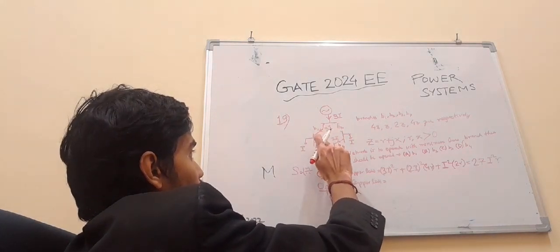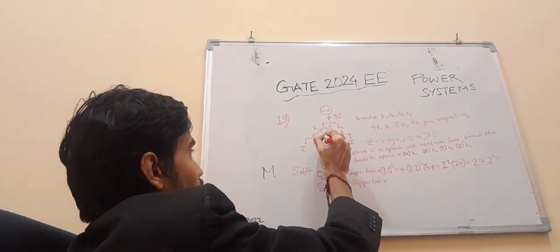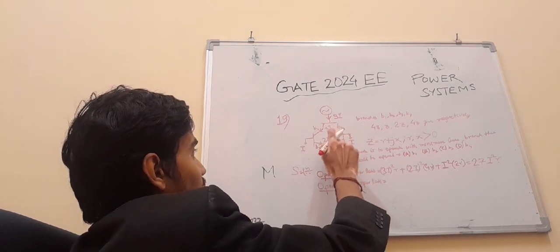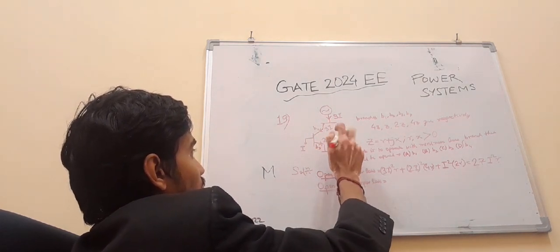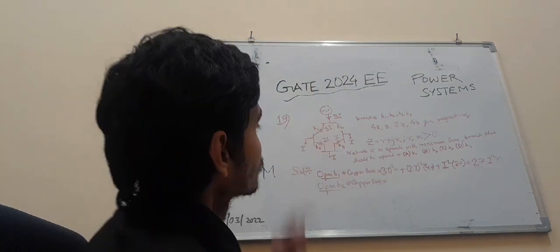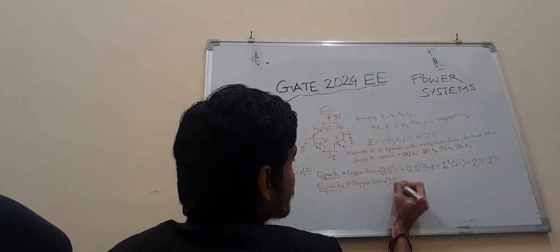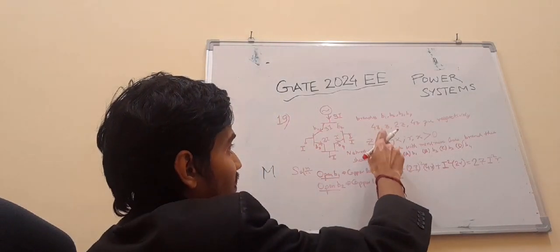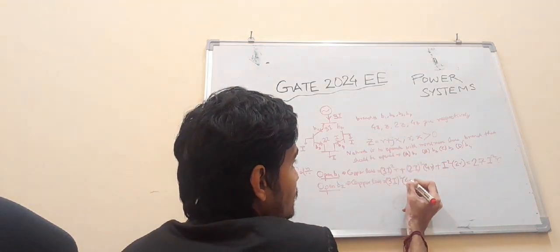So the current now will be 3I minus I, 2I minus I, I. So copper loss will be how much? 3I whole square times resistance of B1. So what? 4Z is the impedance, so resistance is 4 into R.